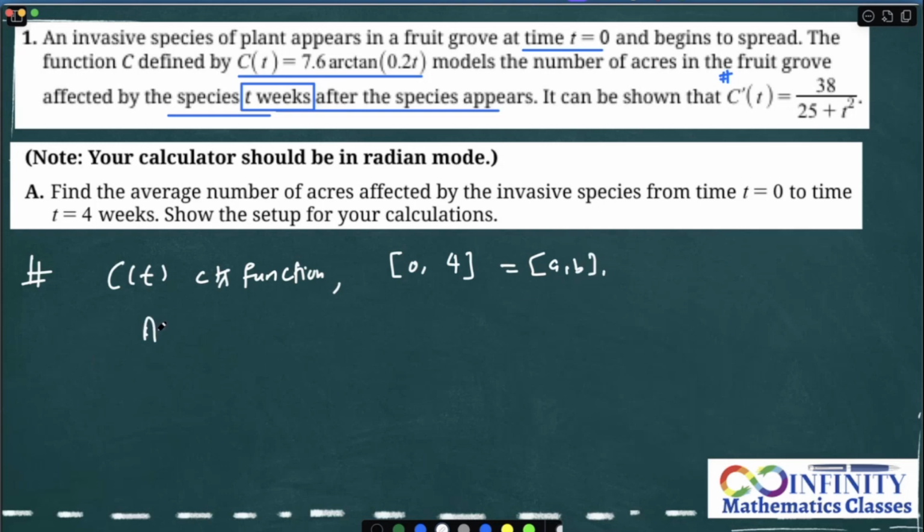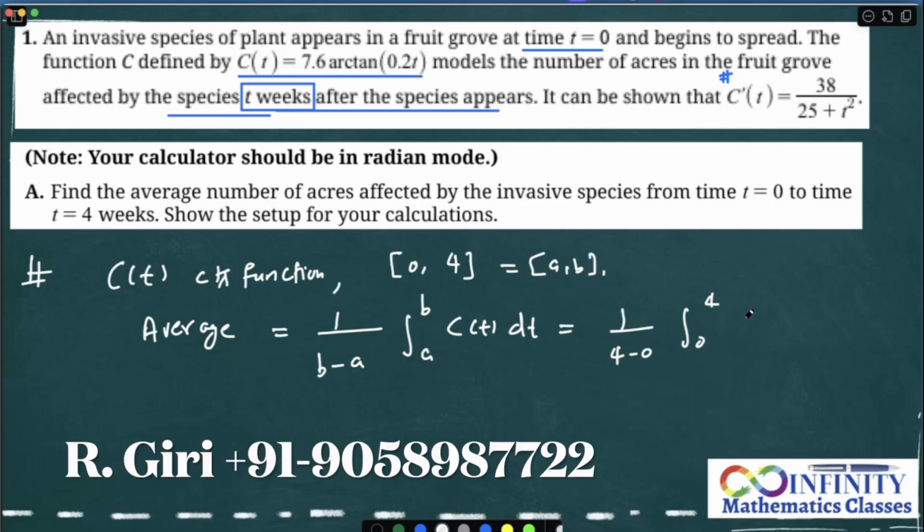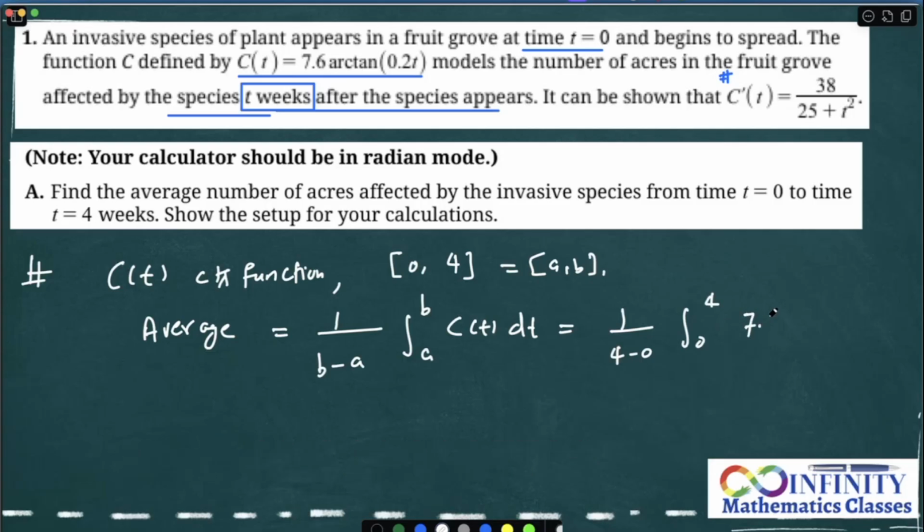The average is going to be 1 over (b minus a) times the integral from a to b of C(t) dt. You need to plug in the values: 1 over (4 minus 0), integral from 0 to 4 of 7.6 times 10^(-0.2t) dt.